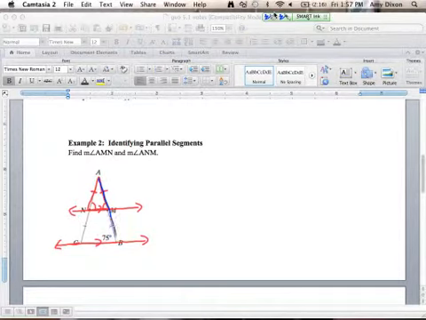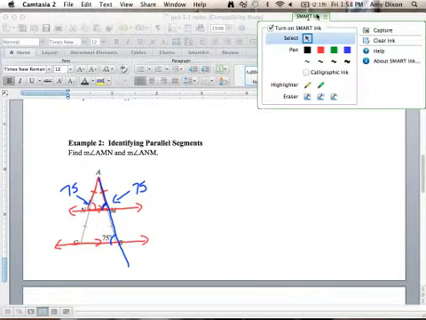We have a transversal here, and this is 75. Then this right here is a corresponding angle, so it also has to be 75. So that tells us that this angle is 75, and the other one also has to be 75, because it's an isosceles triangle and your base angles are equal. So we had to use parallel lines and a transversal to get that one.